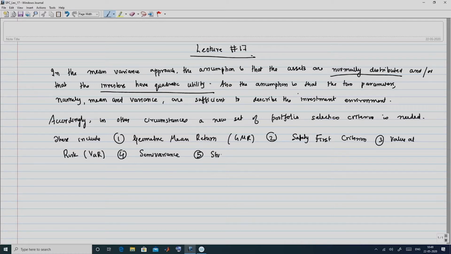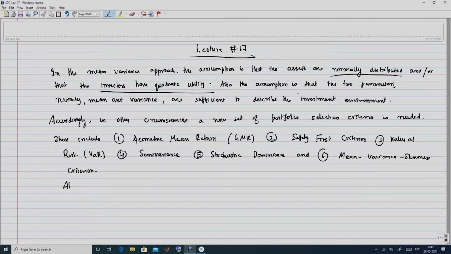You have stochastic dominance and something which is known as the mean variance skewness criteria.